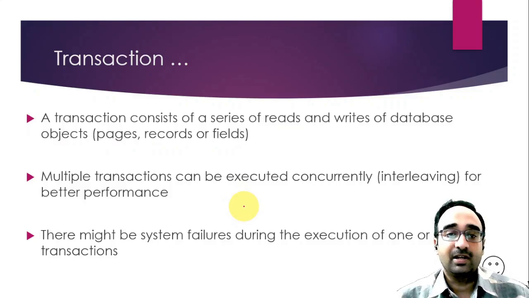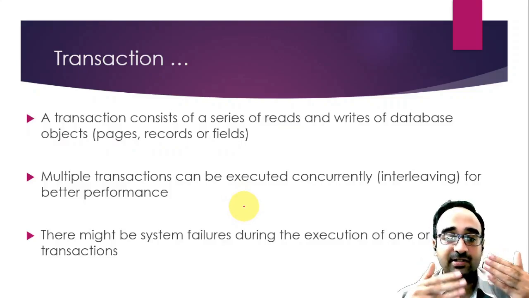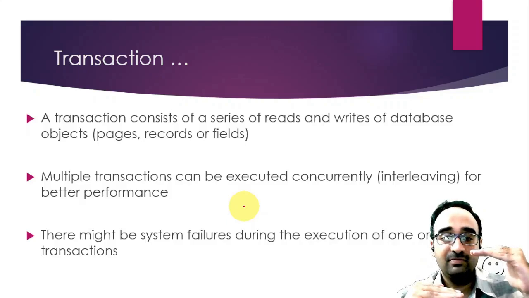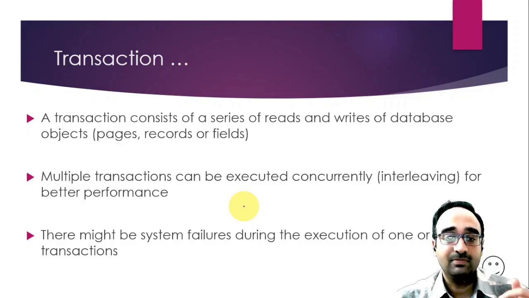The transactions can be performed simultaneously. You can do them one after another, one transaction then the next transaction, or you can perform them parallelly or simultaneously. This is called interleaving of transaction execution.